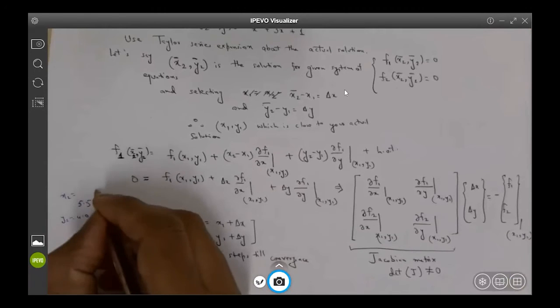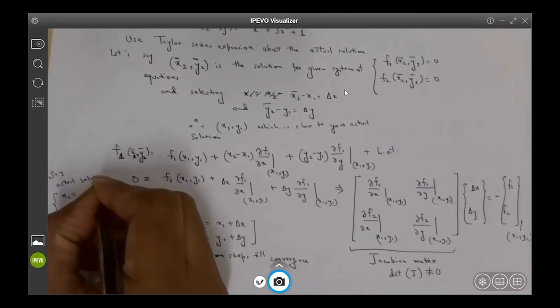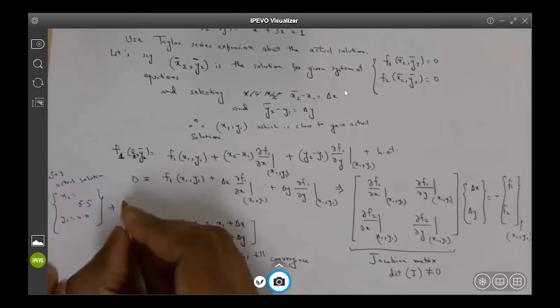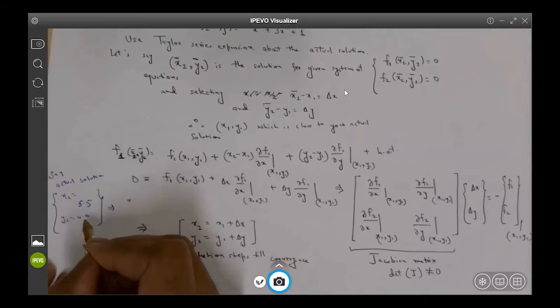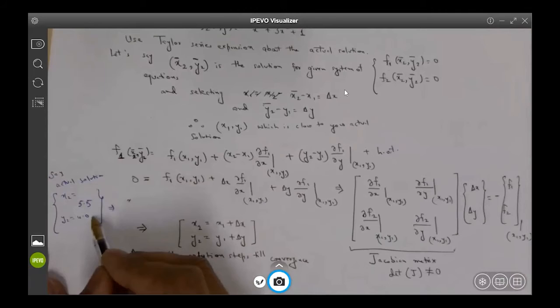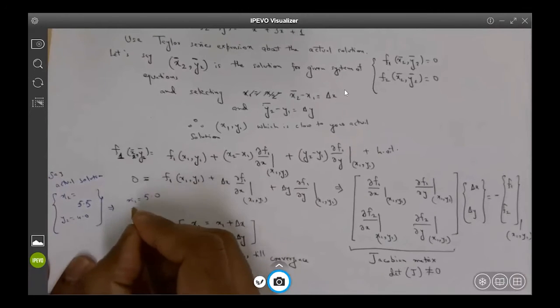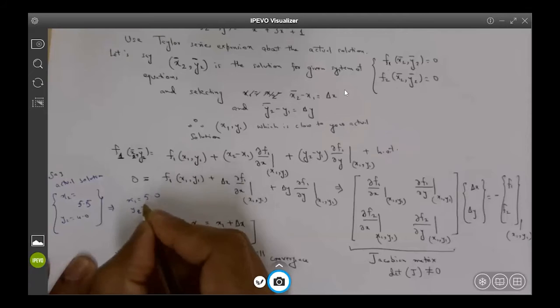That's your actual solution. Now you do not know it, but if somehow from the nature of the problem you know that your root lies somewhere close to this, you start with x1 as 5 and y1 as 3.